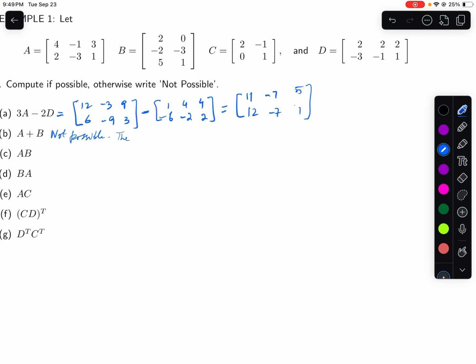Next is A plus B. Can we add A plus B? No, we cannot. A plus B is not possible because the size of the two is not the same.